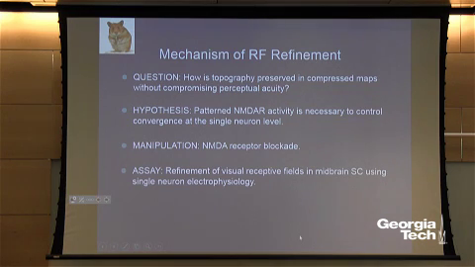So our hypothesis was that NMDA receptor activity is necessary to control the convergence at the level of the single neuron. So it was very important that we make single unit recordings rather than multi-unit or field potential recordings.